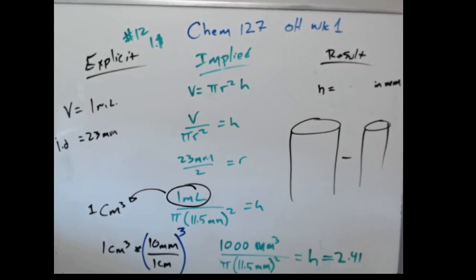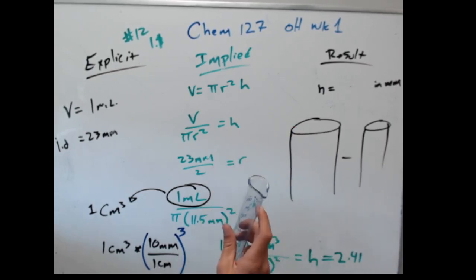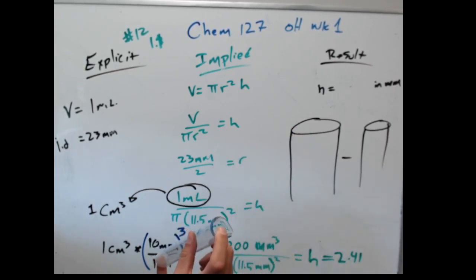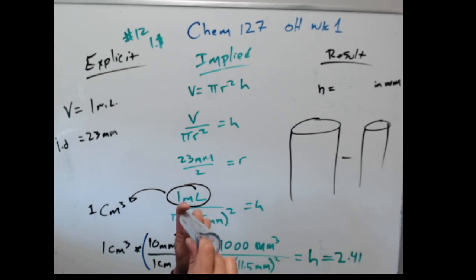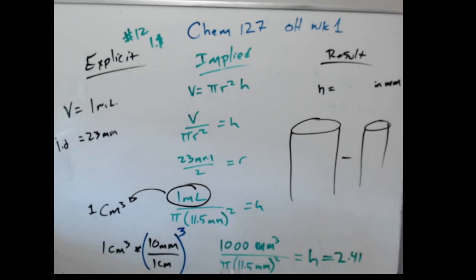So it wouldn't just be like 1 milliliter? No, right? Number 13 is asking how heavy this graduated cylinder is. We need the volume of the glass so we can use density to get the mass of the glass, and we need it for all 100 milliliters. So it's outer diameter cylinder volume minus inner diameter cylinder volume to get the volume of glass.